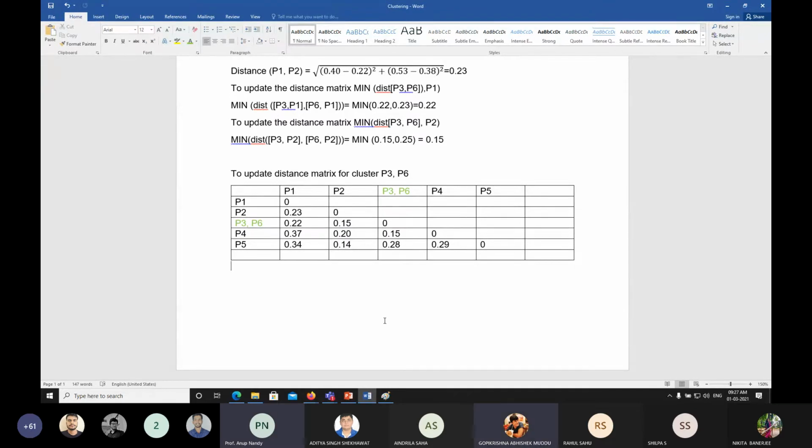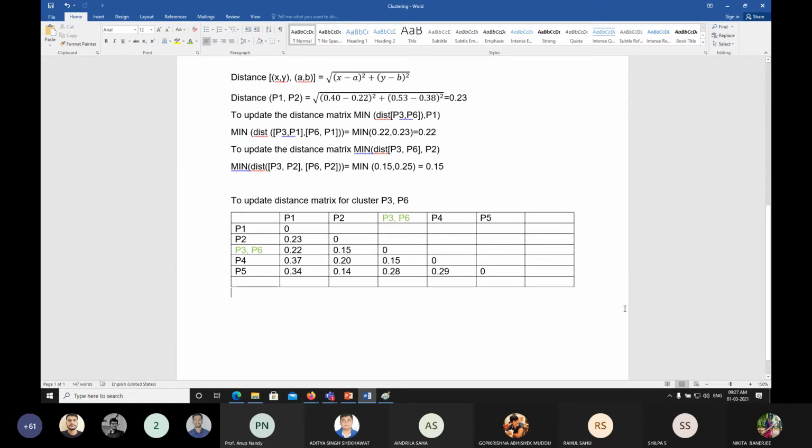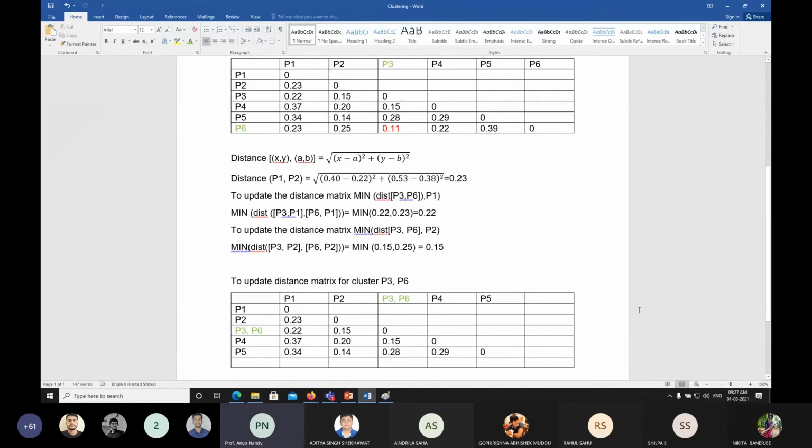Just tell me the updated distance matrix there. What change I need to do here?